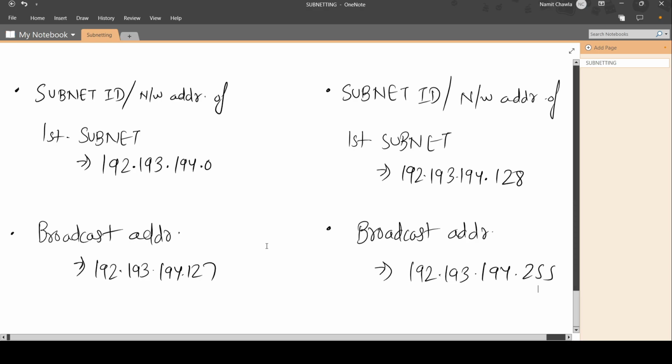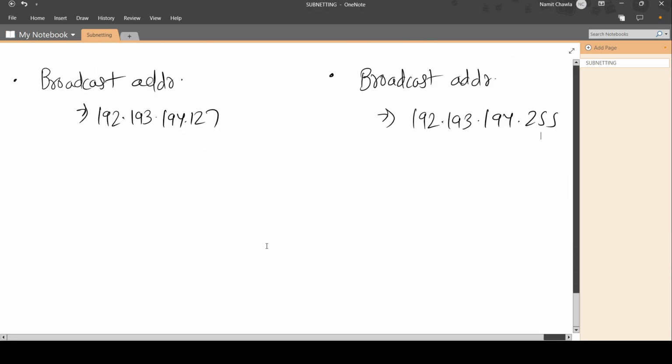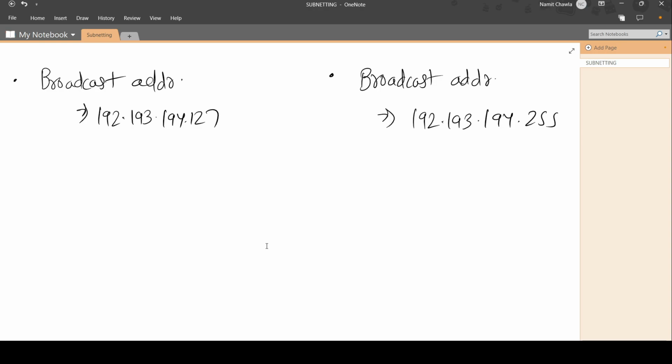Job done. No problem, I think, till now. Okay, so we have calculated the range. We have given the total number of hosts in subnet, total number of usable or valid hosts in subnet. Then we have given the subnet ID or network address of first subnet, second subnet, direct broadcast address of first subnet, and direct broadcast address of second subnet.